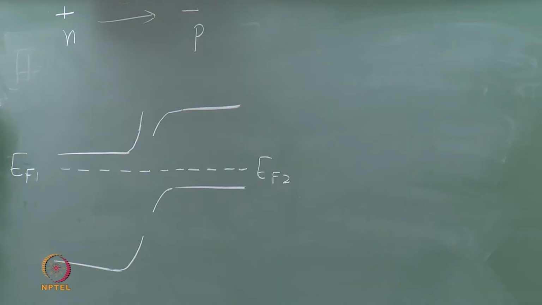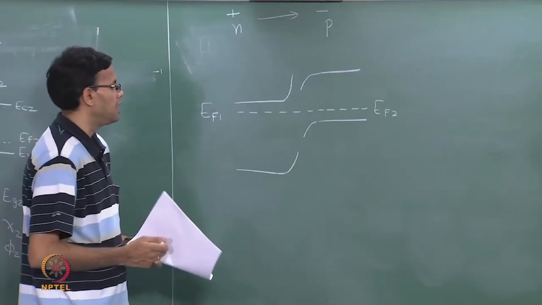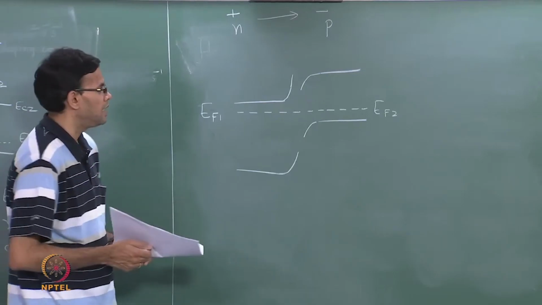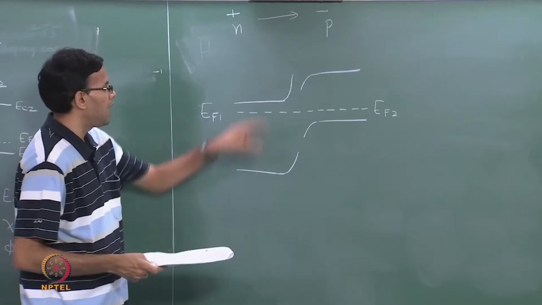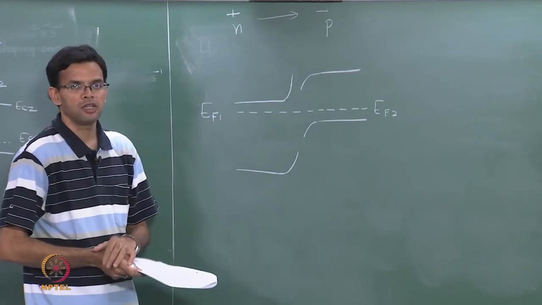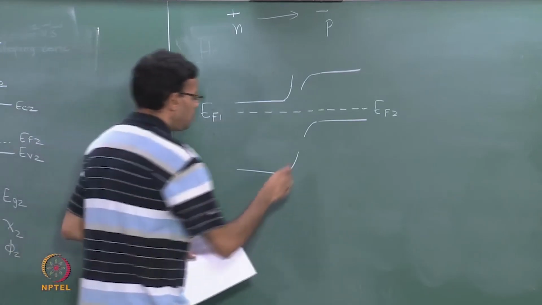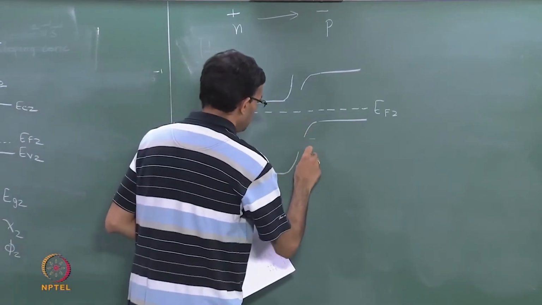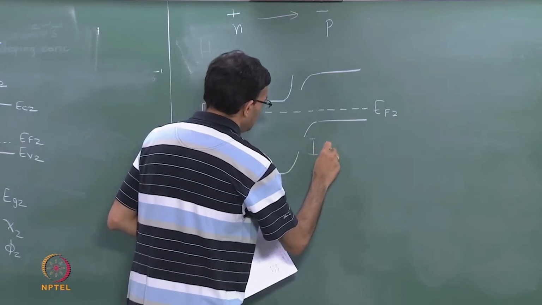So, we also said that there is a difference between the energies of the conduction bands, so a delta EC, and a difference in the energies of the valence band, delta EV. So, when the bands bend, we must make sure that that difference is preserved, so that this gap is delta EV.